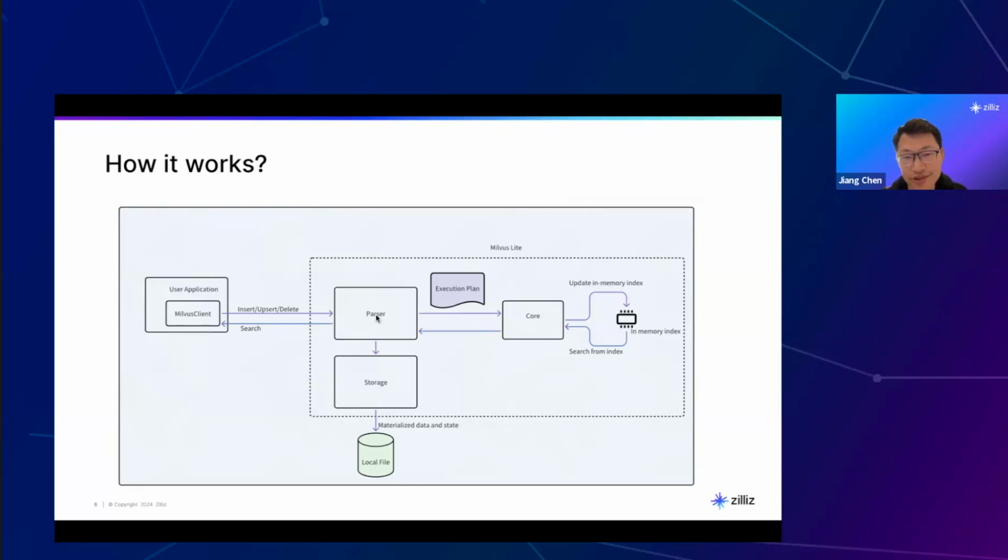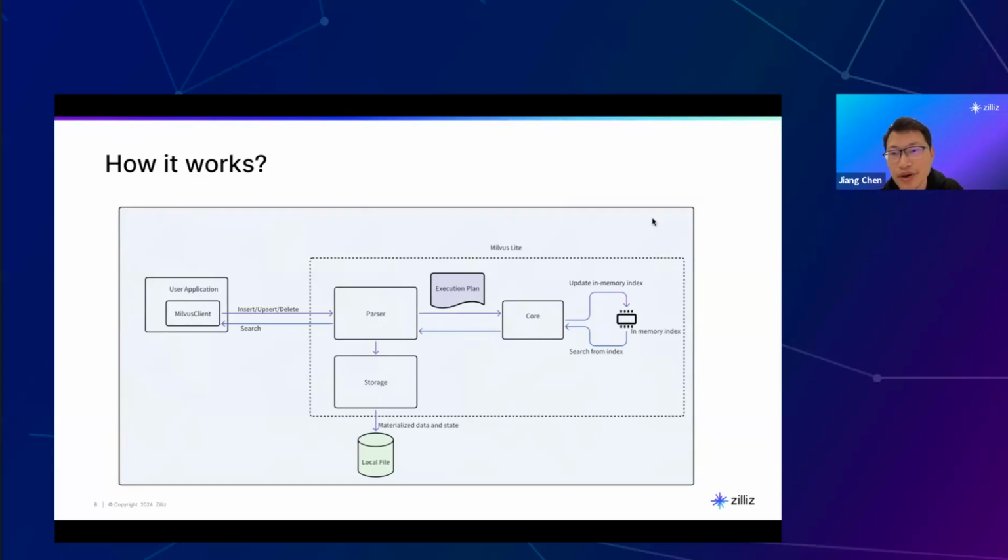So there's a storage converter which converts the insertion and deletion operations into file operations, and then materializes that data in the local file. Once that is done, it's ready for us to do the real vector search or update the index to reflect the recent insertions and deletions.